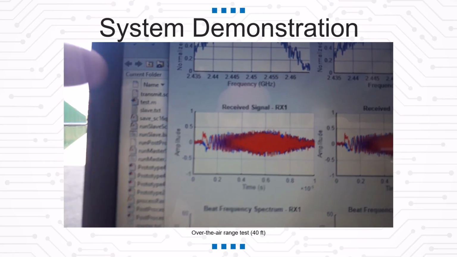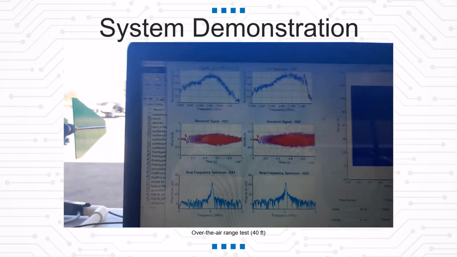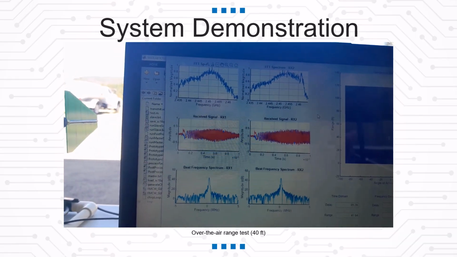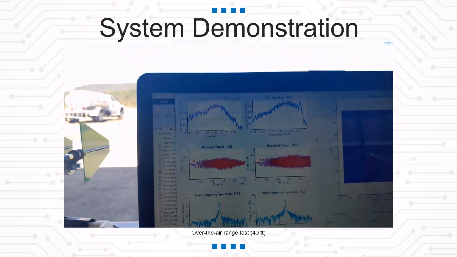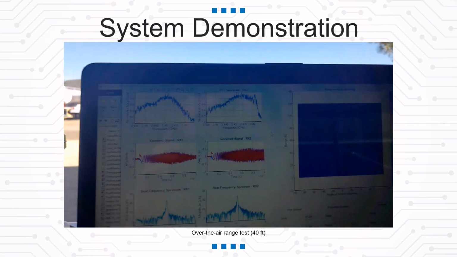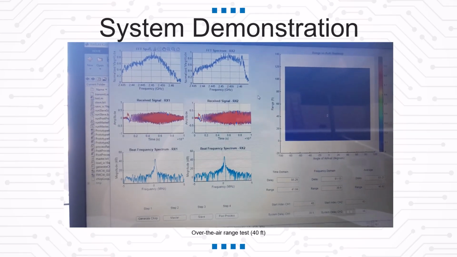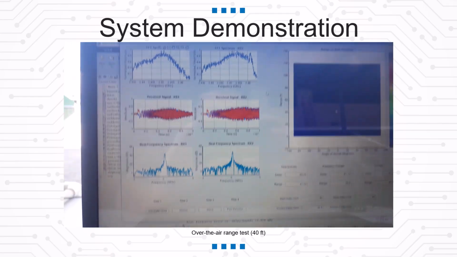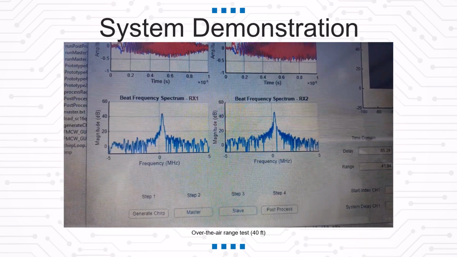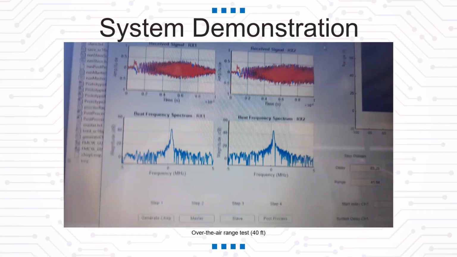There's a slight delay, and that is the distance that is encoded being reflected back from the target, being captured on this receive array. And looking at the beat frequency, we can see that it is slightly shifted to the right.